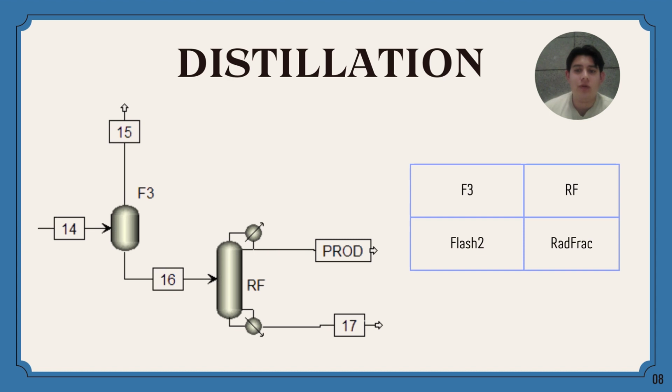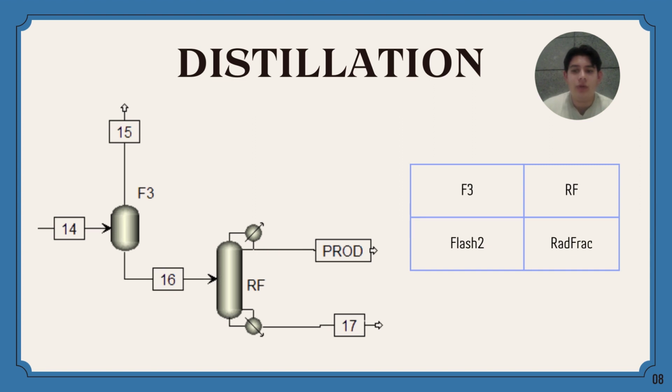The bottom stream from flash 2 passes through a valve that reduces the pressure to 2.6 bar before entering flash 3, which raises the temperature to 74 degrees to remove a big percent of methane.